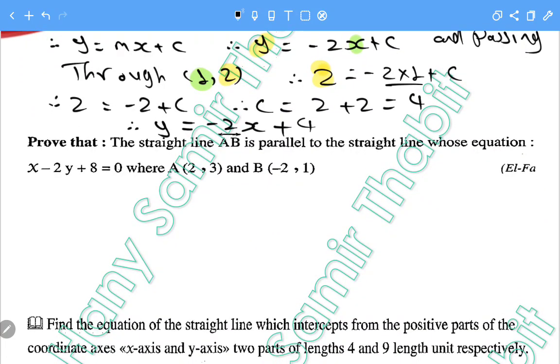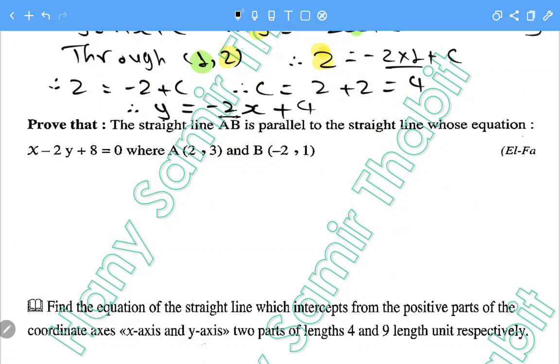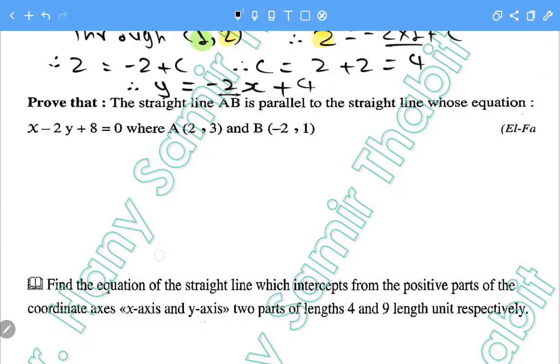Here I have another line. Prove the straight line AB is parallel to the straight line whose equation is x minus 2y. Here we must use slope directly. M1 equals negative coefficient of x over coefficient of y, which is negative 1 over negative 2, equals half.